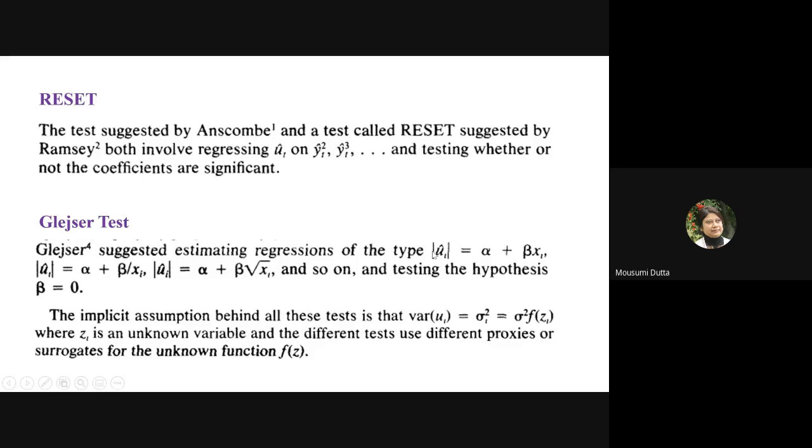You run all these models. If one of these three models indicates heteroscedasticity, in that case, you have to go with heteroscedasticity. If all the models suggest homoscedasticity, in that case, the variance of ui is homoscedastic.